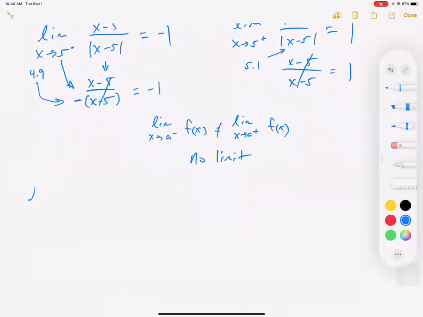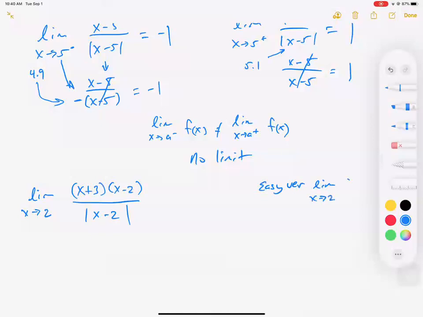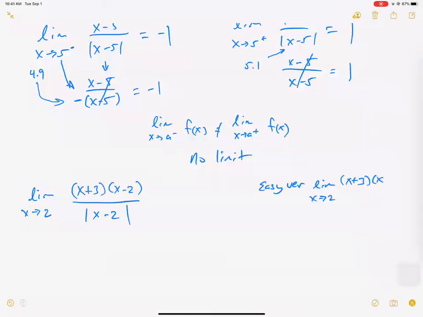So we're going to write the limit as x approaches 2 of (x plus 3)(x minus 2) over the absolute value of x minus 2. Now, just on the side, the easy version would just be the limit as x approaches 2 of (x plus 3)(x minus 2) over x minus 2.